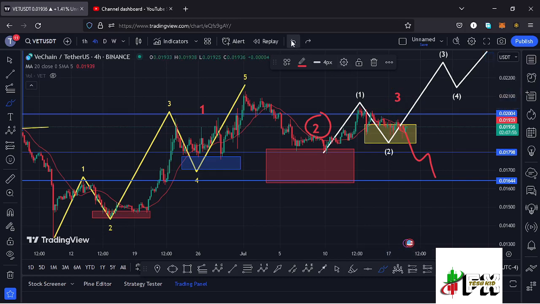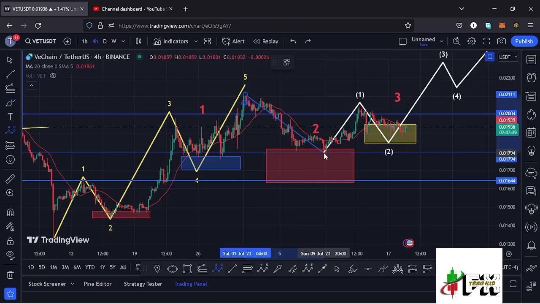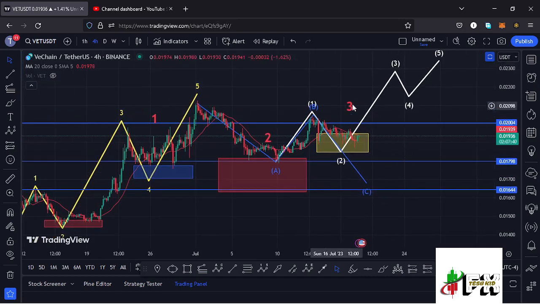In case such a move plays out, then that would be suggesting that whatever we have on the charts is just an ABC corrective structure, where we can expect one more new low in the formation of that wave 2 before we can start getting impulsive once more in the formation of this wave 3.